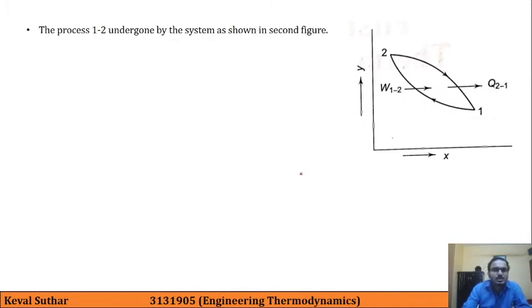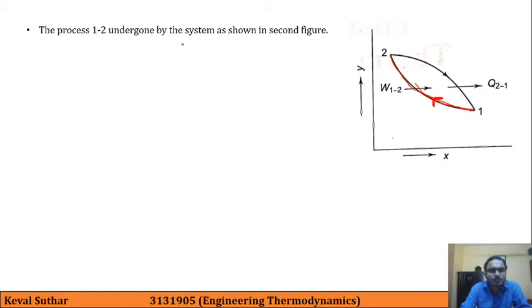Now the process 1 to 2 undergone by the system is shown in this figure. So here the work done on the system is shown with this curve. The process is 1 to 2 in this direction. Let us say that still we are not aware of these two thermodynamic coordinates x and y.